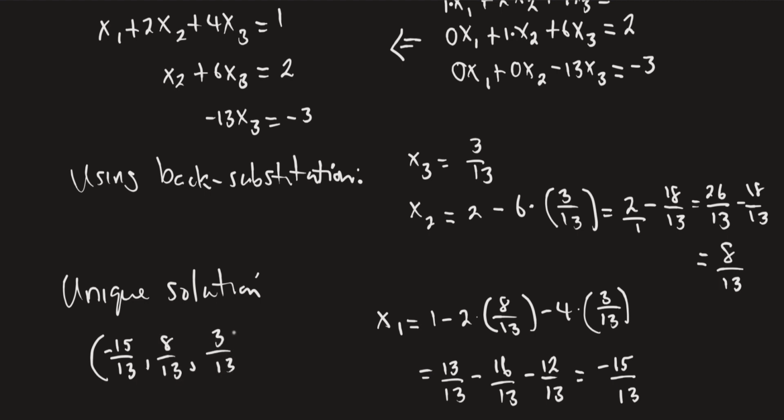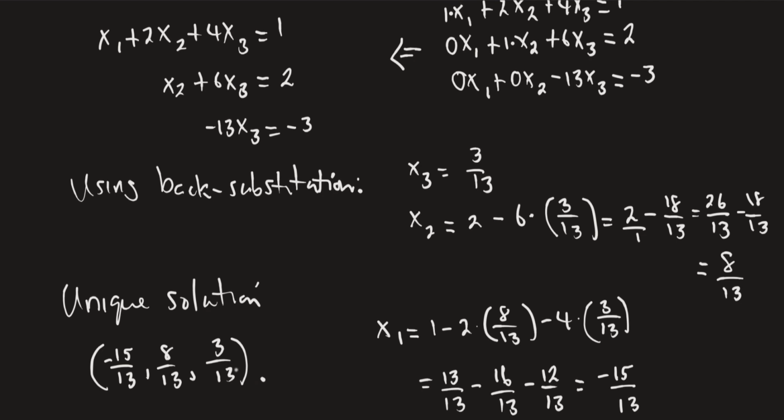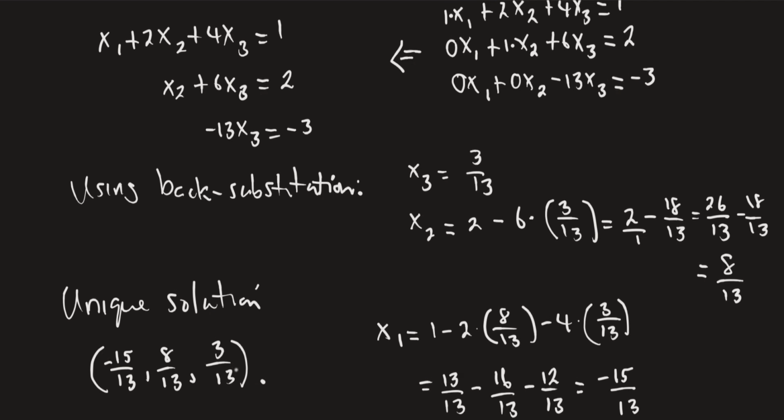So again, you can see in terms of the final answer, there is no difference in terms of what our final answer is going to look like. It's just the route that we took to get there.